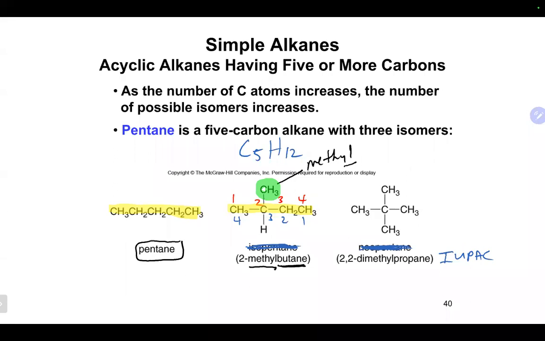And we always want to give the groups on alkanes the smallest number. That means that we would want to number in the red direction, and we would not want to go this way. And that would say that our group there would be at carbon number 2. And that gives us our 2, dash, methyl, with a dash between number and letter, butane.